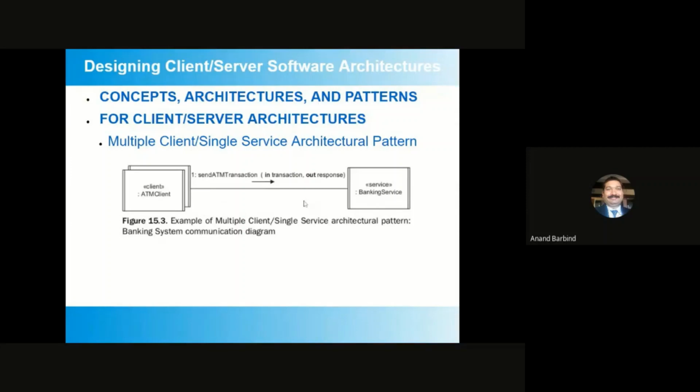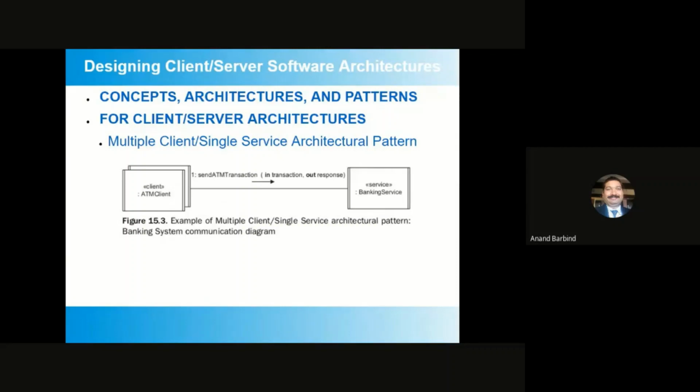For example, one of the communications has been shown here, that is, send ATM transaction. So like that, you can show the number of messages that are being sent from one node to the other node, just like in the interaction diagram, particularly that communication diagram.